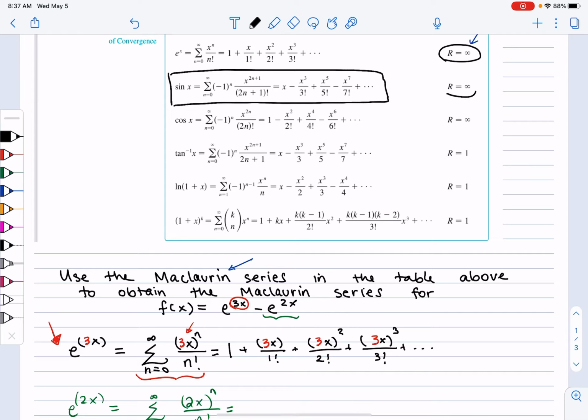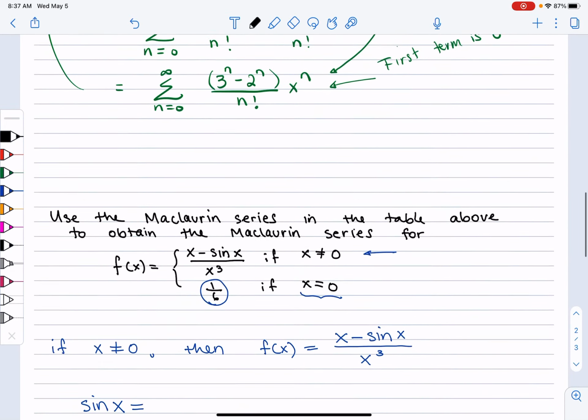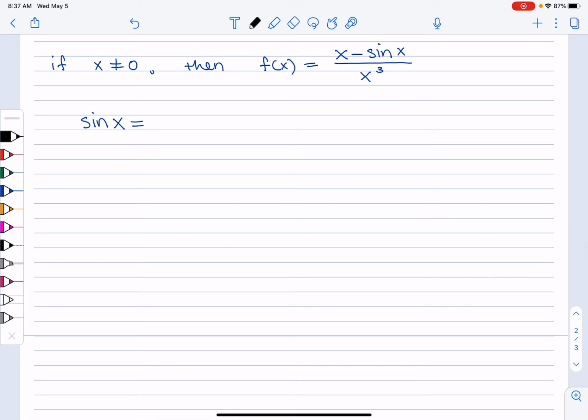And one more time, notice that the radius of convergence is infinity. So since we have sine of x to be that, why don't we write it down? So sine of x is going to be equal to sigma as n goes from 0 to infinity of negative 1 to the n, x to the 2n plus 1 over 2n plus 1 factorial.